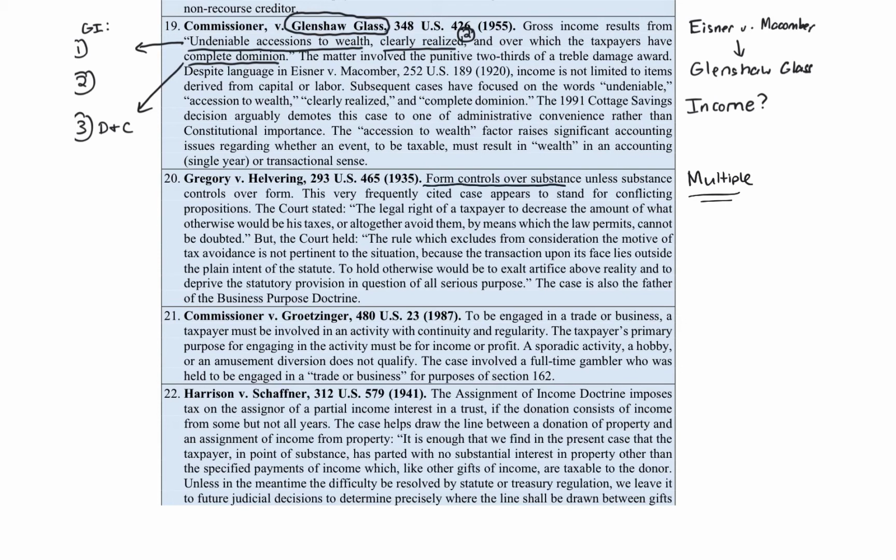Form controls over substance unless substance controls over form. I know it sounds really backwards, right? What it's saying is that in the tax law, there's lots of provisions that say, if you meet these criteria, you get the tax treatment. So if you're trying to plan around it, you meet the criteria and you've got it. Boom. So that's meeting the form.